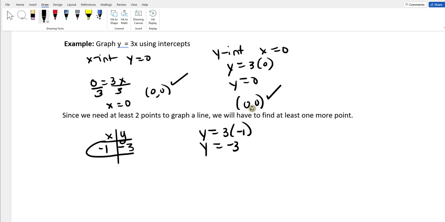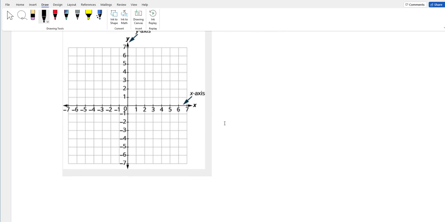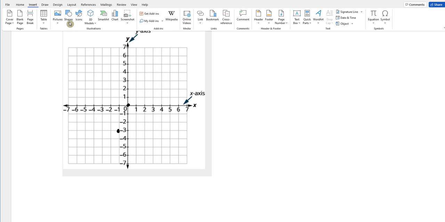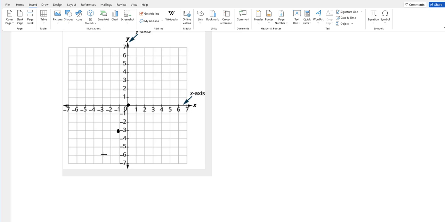So this is a second point that I can graph on the line. So I can graph the point (0, 0), and I can graph the point (-1, -3), which will be down here. You only need 2 points to graph. If you wanted to do a third point, that's fine. I just went ahead and did 2 points. So I can go ahead and graph my line through these 2 points.